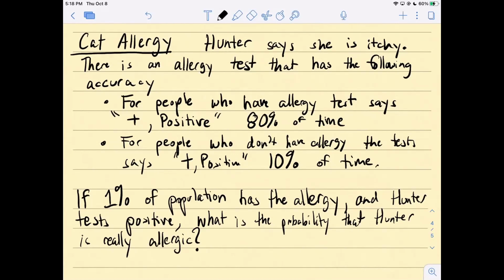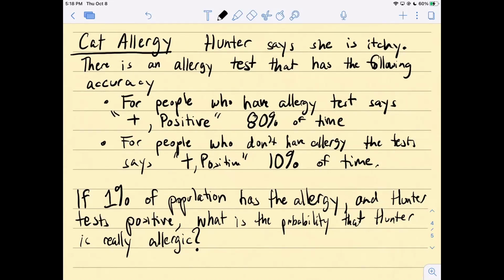Okay, so there's quite a bit of wording here. There's an allergy, and there's a test to see if somebody's allergic. When they were developing this in the laboratory in controlled conditions, they actually knew if people were allergic or not. They gave the test to people who were allergic, and it gave the correct answer 80% of the time. They gave the test to people who weren't allergic, and it gave the correct answer, which was negative, 90% of the time, and it gave a false positive 10% of the time.